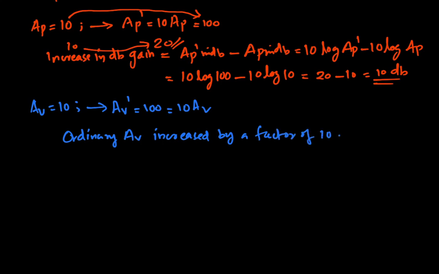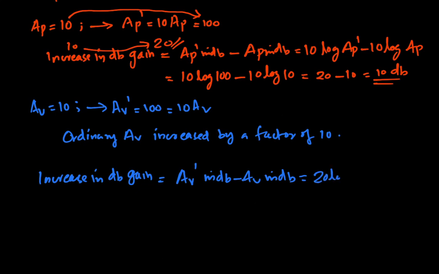Then the corresponding increase in decibel gain is given by AV prime in decibel minus AV in decibel, which is equal to 20 log 100 minus 20 log 10, which will give us 40 minus 20, that is 20 decibel.